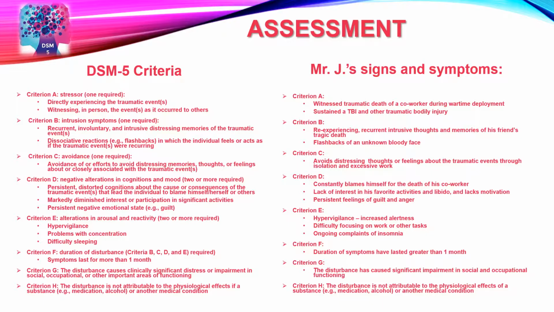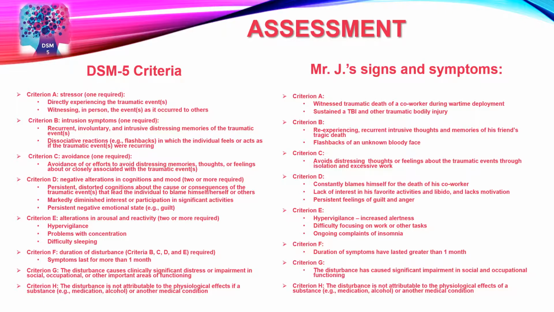Under Criterion C, he avoided distressing thoughts or feelings about the traumatic events through isolation and excessive work. Under Criterion D, he constantly blamed himself for the death of his coworker. He lacked interest in his favorite activities and libido, and he lacked motivation.